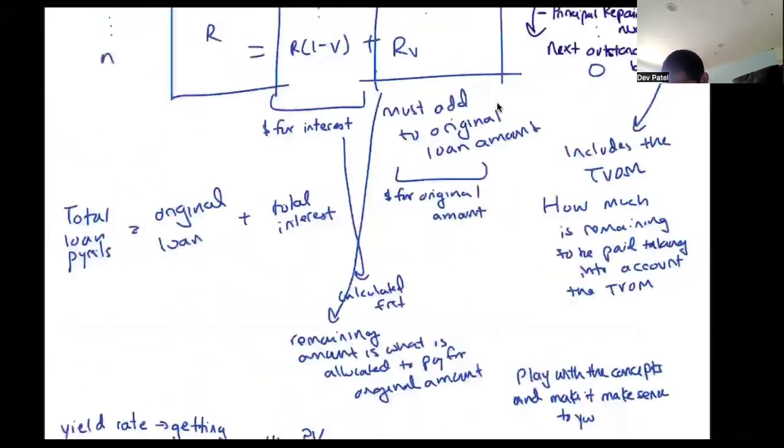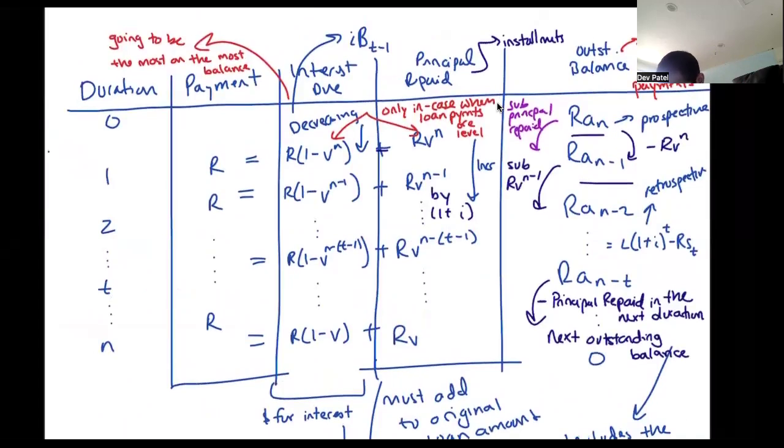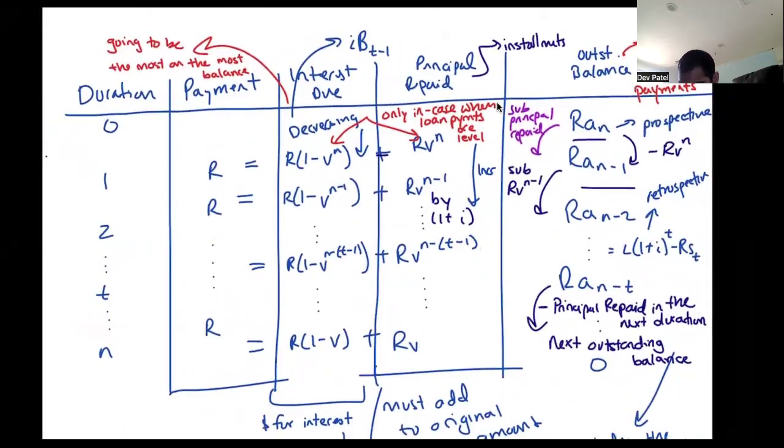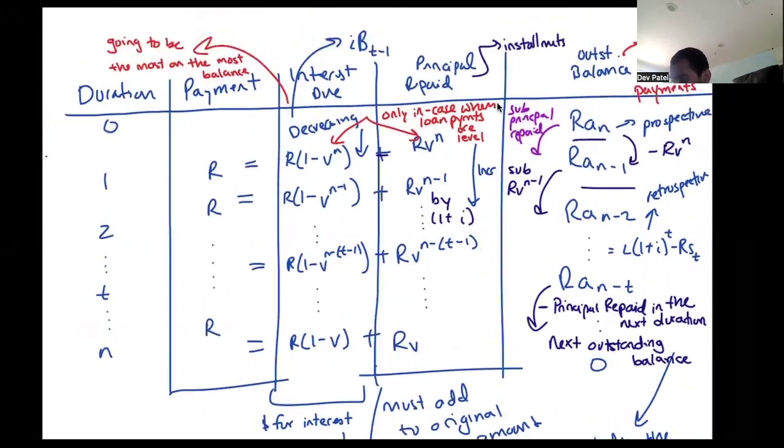And let's go over a couple of the other things here. Like I said, another main thing is knowing that all of the principal repaid should add up to the original loan amount if you sum all of the principal repayments, and the last term of the outstanding balance should be zero because that represents that you've paid off the original loan.